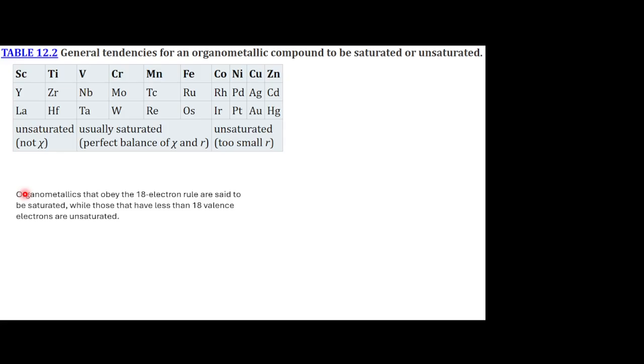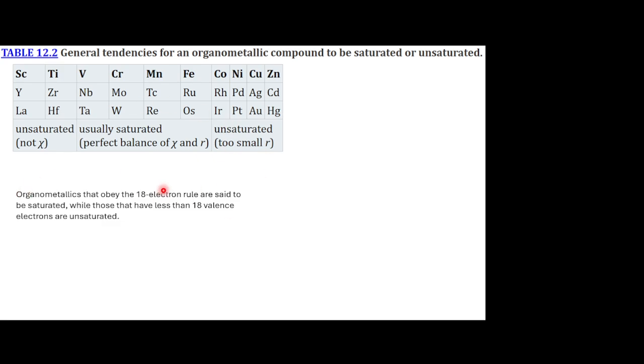Those that have less than 18 valence electrons are going to tend to be called unsaturated because they don't have the full orbital filled out, right? Their valence shell is not filled. Is that making sense so far? So if we look down at the d block, those ones would all have 18 electrons that can fill out the valence shell, right?